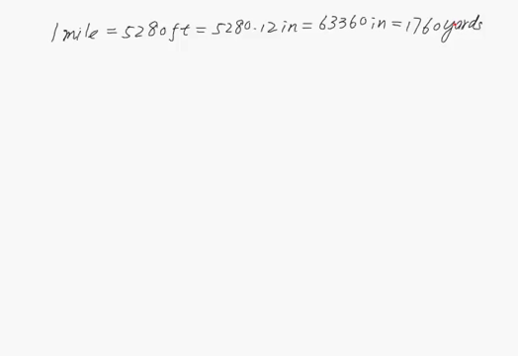So now that means if you divide both sides by this 63,360, then you get 1 inch equal to 1 over 63,360 mile. Okay.